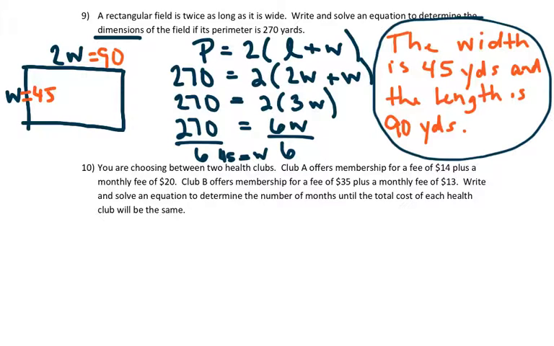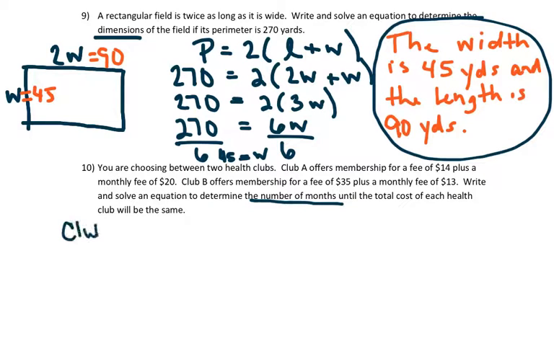Write and solve an equation to determine the number of months until the total cost of each health club will be the same. So, the question is how many months. So we know that M, or months, is our variable. Now, if we go back, we have to figure out when Club A equals Club B. So let's write an expression for Club A. It offers a membership for $14.